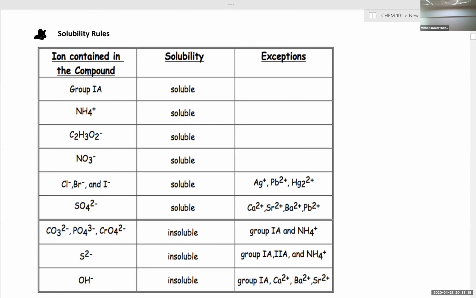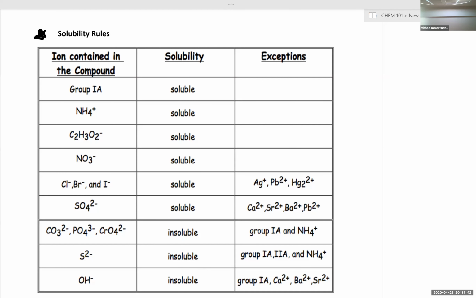So group 1A, if it has a group 1A ion, let's list a few of these. What are group 1A ions? So if we go to our periodic table, what are examples of group 1A ions? Would someone like to list one? Hydrogen's a bit special. Sure, francium.